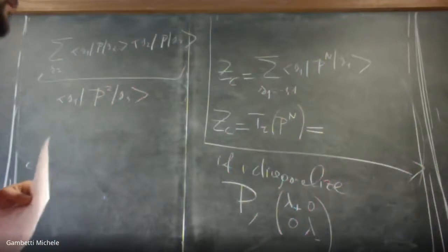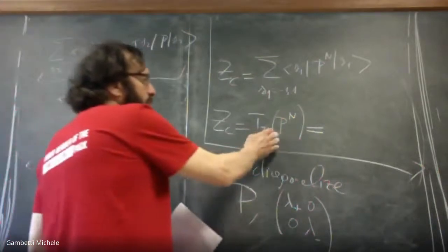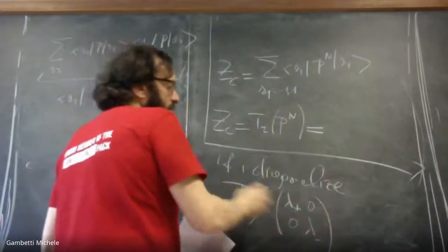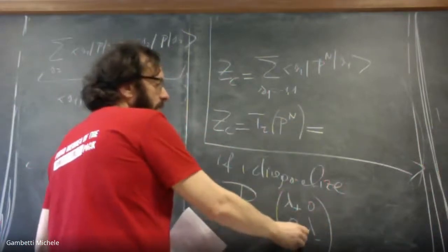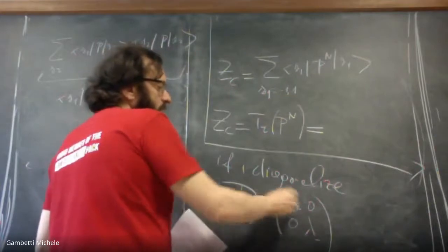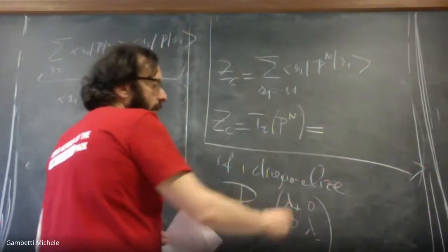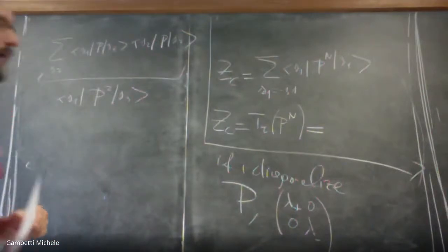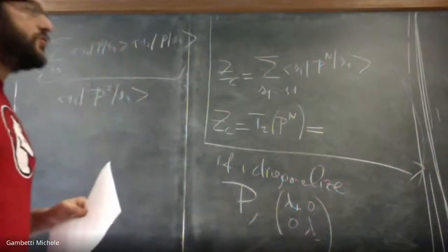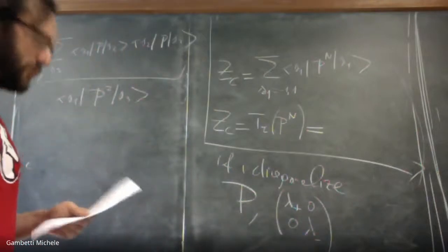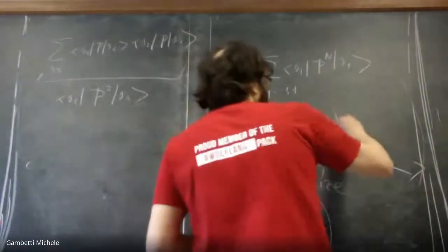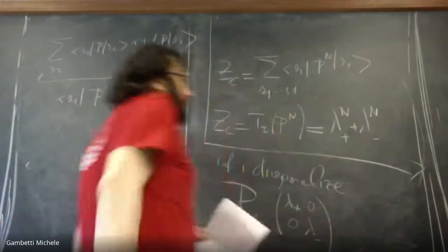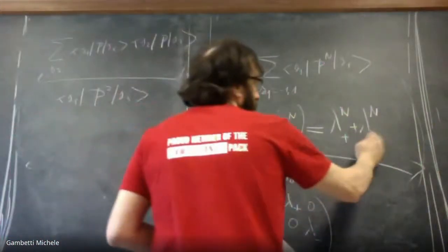So I can compute the trace of this matrix in a basis in which P is diagonal, and then P to the power of n is just lambda plus to the power of n and lambda minus to the power of n, and the trace is just the sum of these two eigenvalues to the power of n.